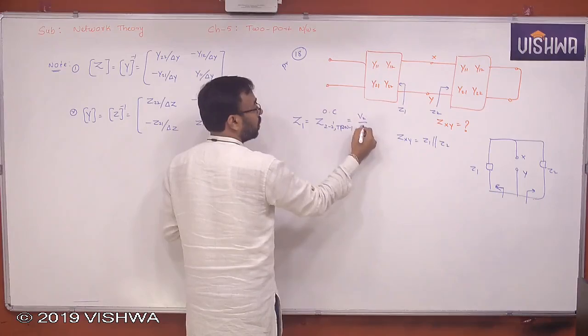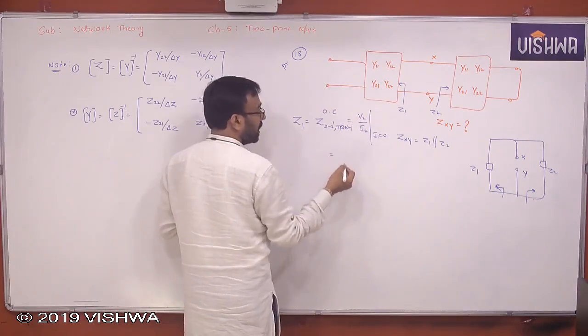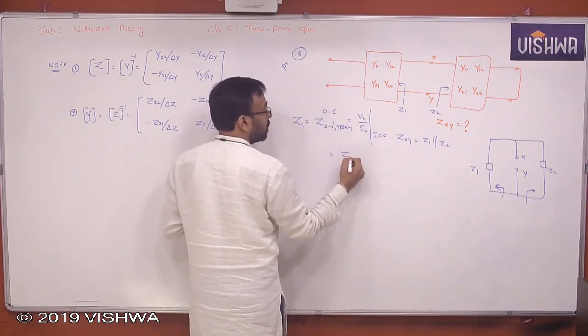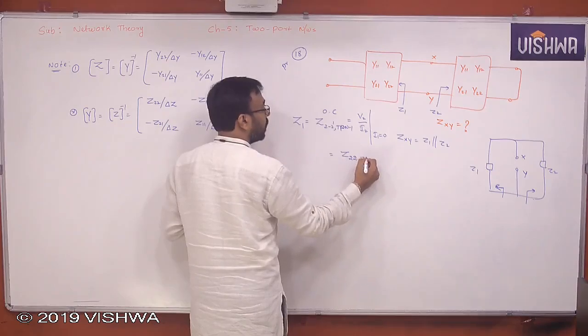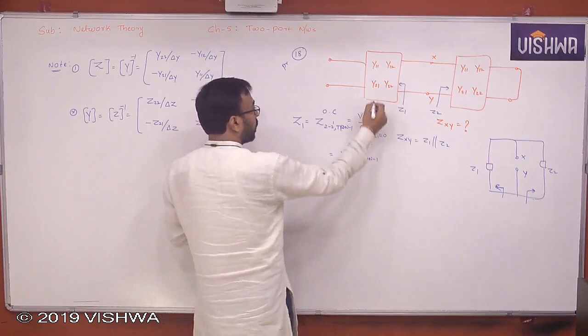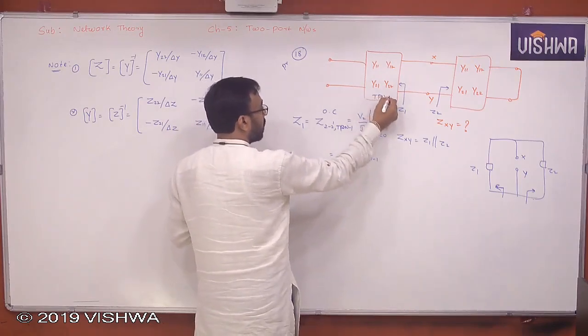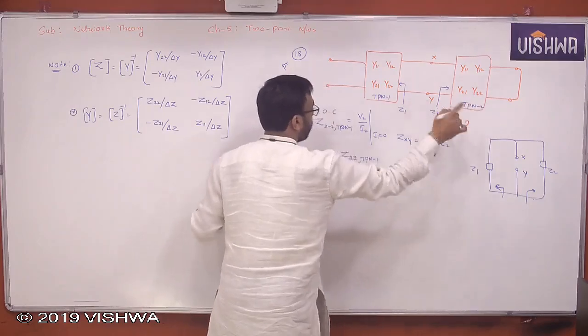V2 by I2 when I1 is 0. This itself is Z22 of the first two-port network. Understand? This is the first two-port network, TPN1, and TPN2: two-port network 1, two-port network 2.